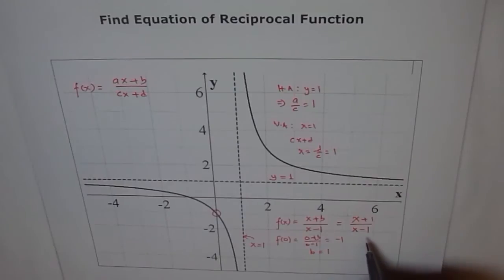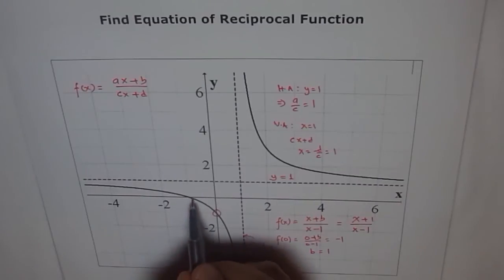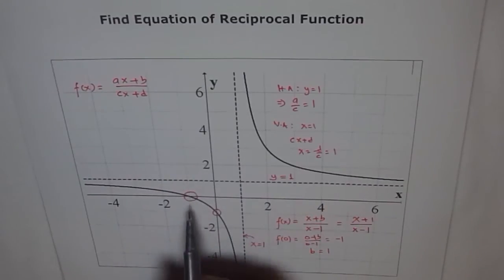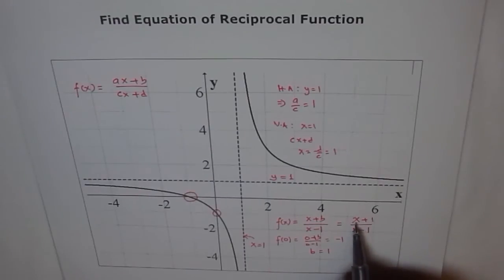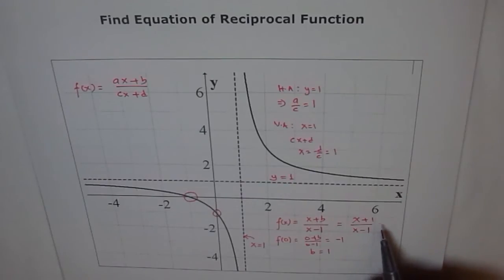Now, this is a good thing, but we can test whether our equation is right or wrong. Let's test it with this point. So this point is at x equals minus 1, we should get y equals 0. Okay, let's check. If I put x as minus 1, yes, minus 1 plus 1 is 0, right? And divided by minus 2, it still gives 0.